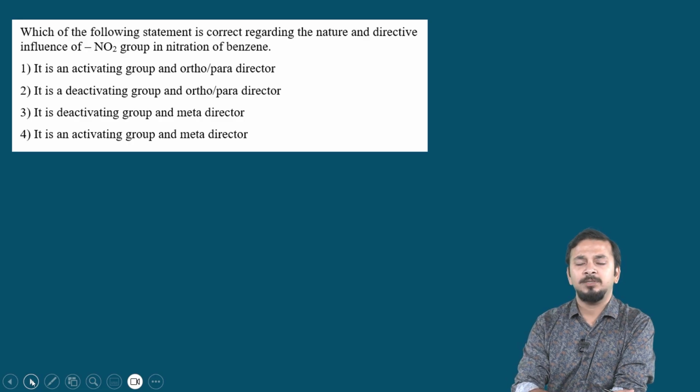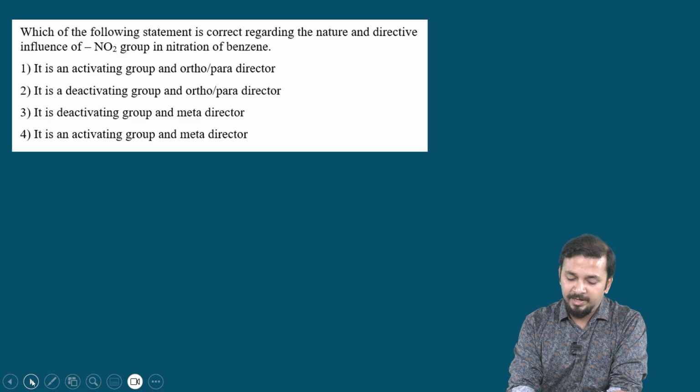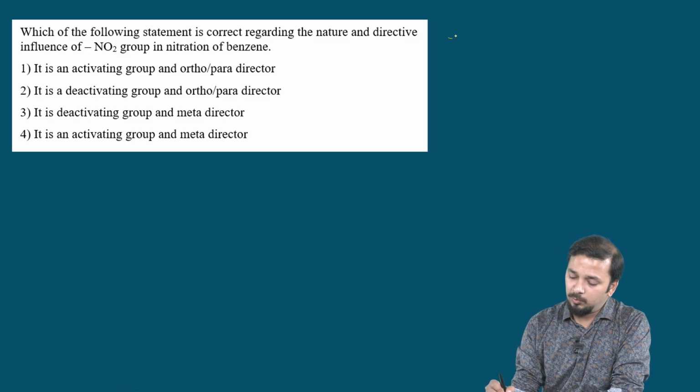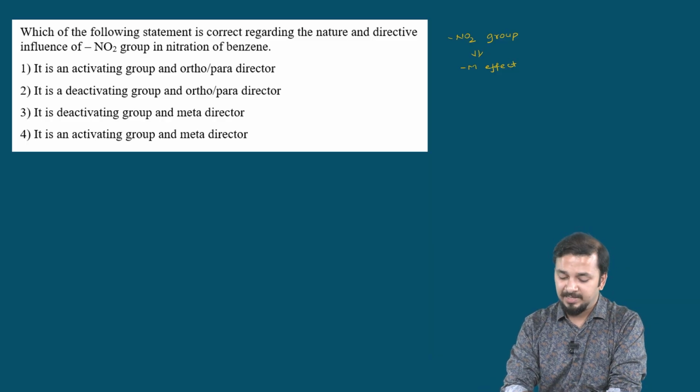Let's see the next question. Next question is, which of the following statements is correct regarding the nature and directive influence of NO2 group? Now we know NO2 group, if it is present on benzene, will show minus M effect.